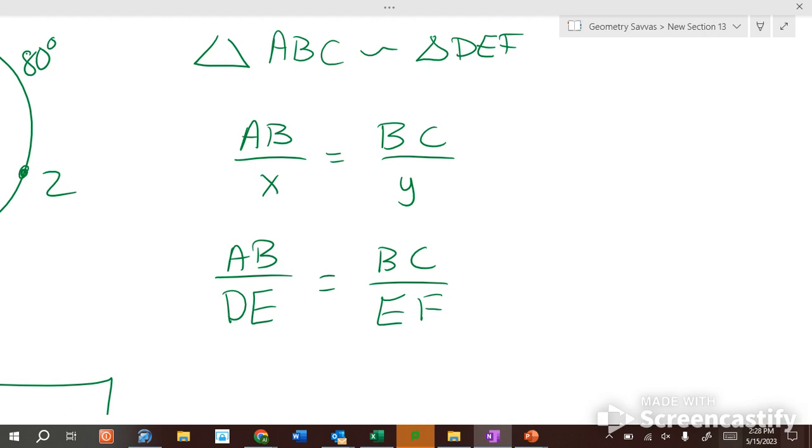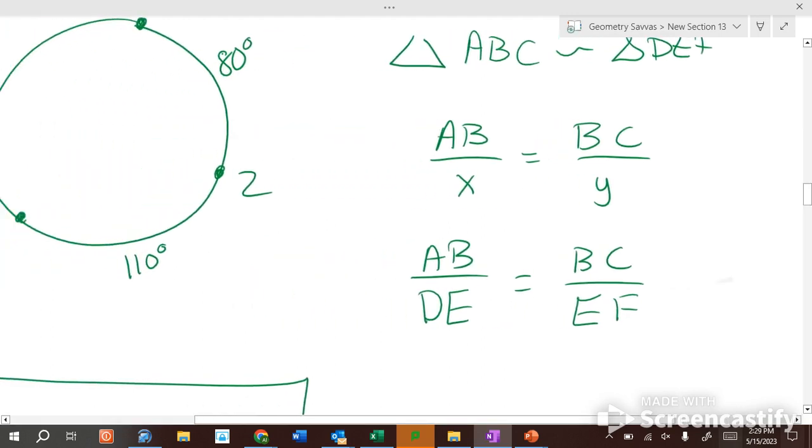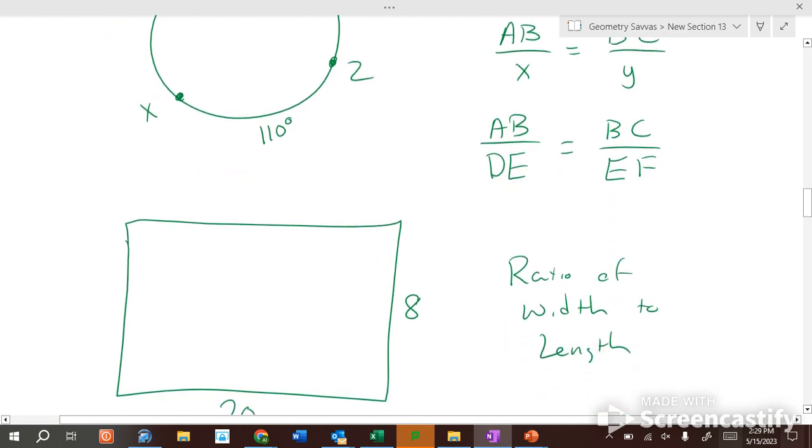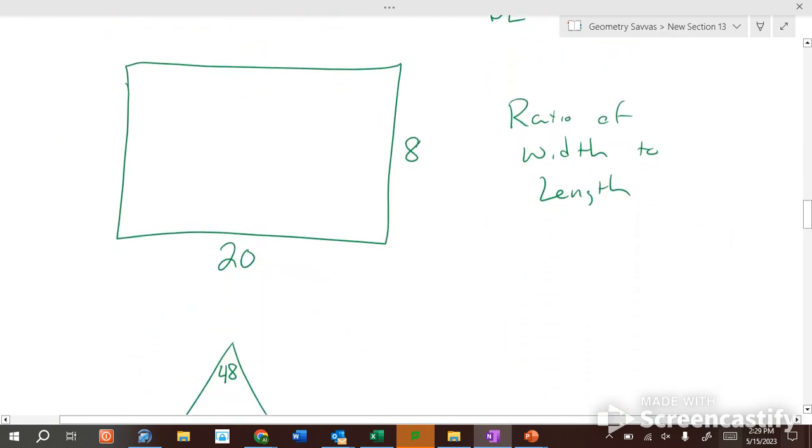All the Smarticuses in here. In this rectangle, what's the ratio of the width to the length?